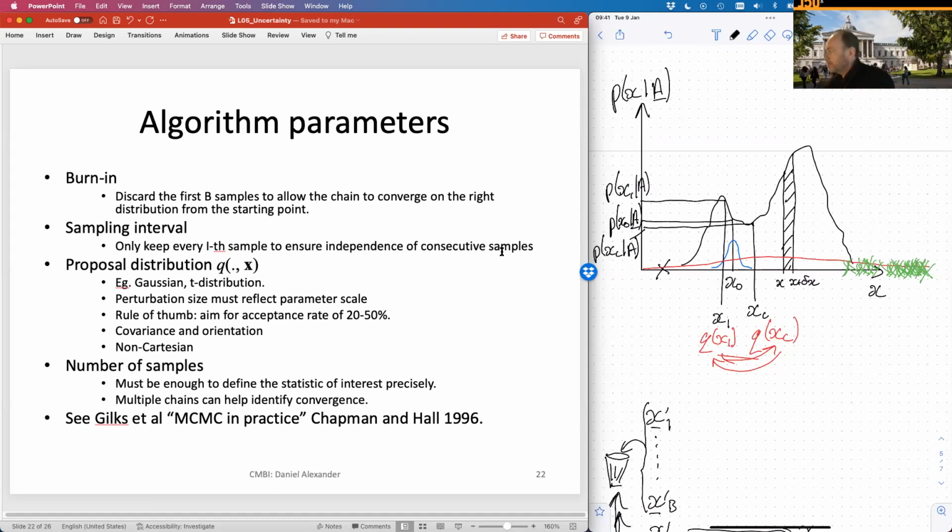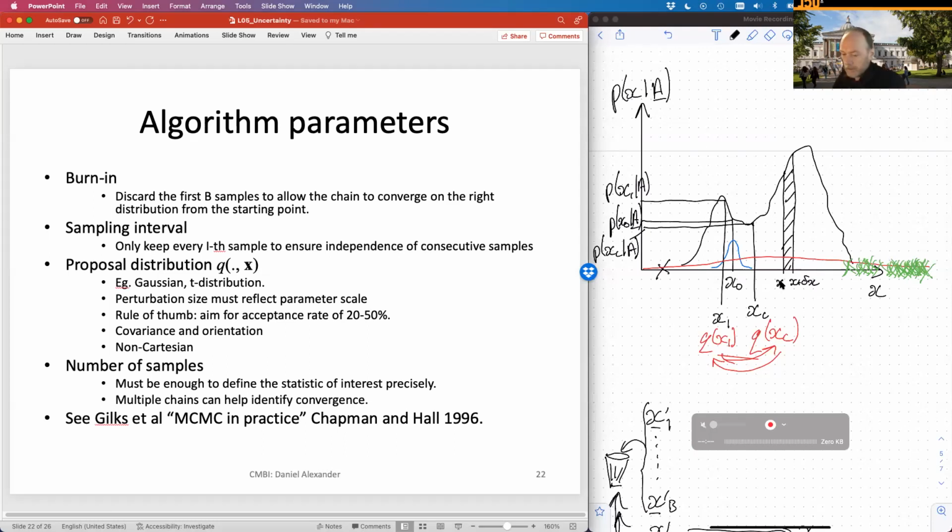So the problem is that if we're only making small steps between consecutive samples, each consecutive one is likely to be very much in the vicinity of the previous sample, rather than being drawn from the distribution as a whole. If we just take X1, it's much more likely to be in this range of relatively low probability than it is at the peak of the distribution. So it's quite unlikely that the next sample would come here.